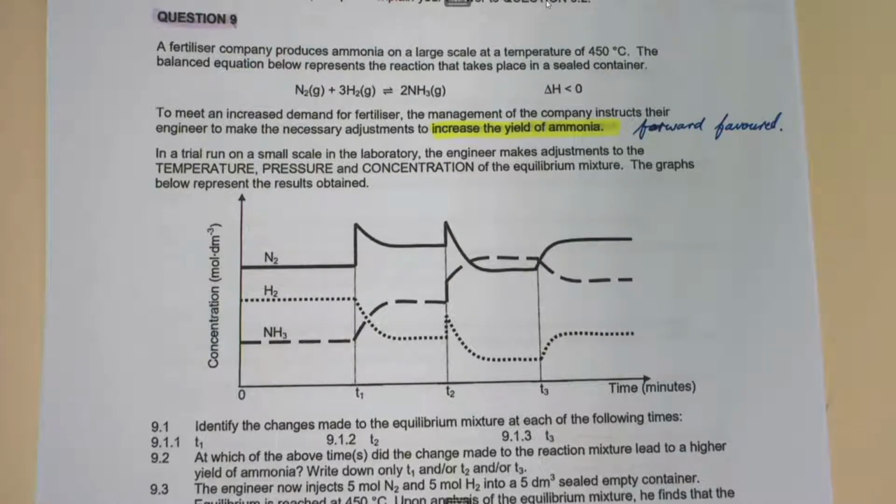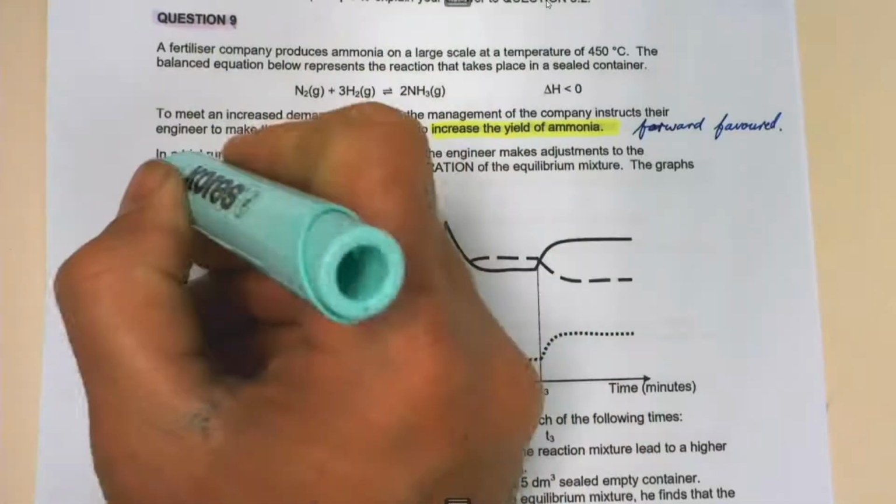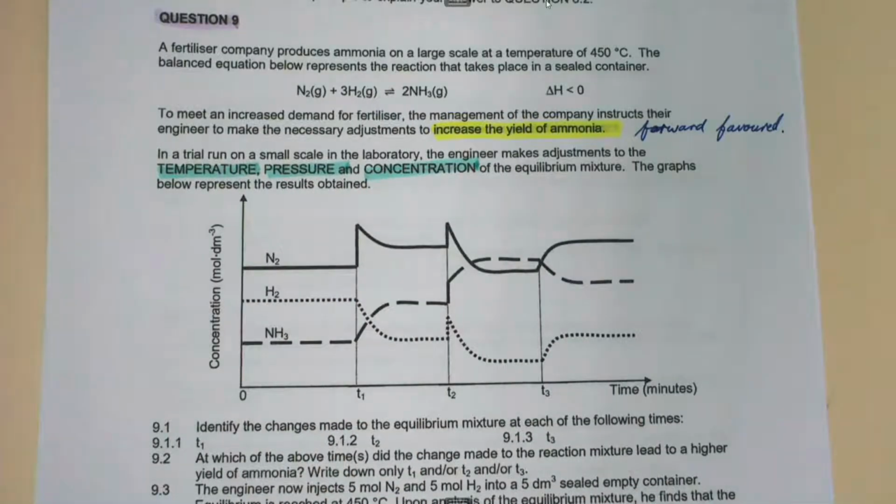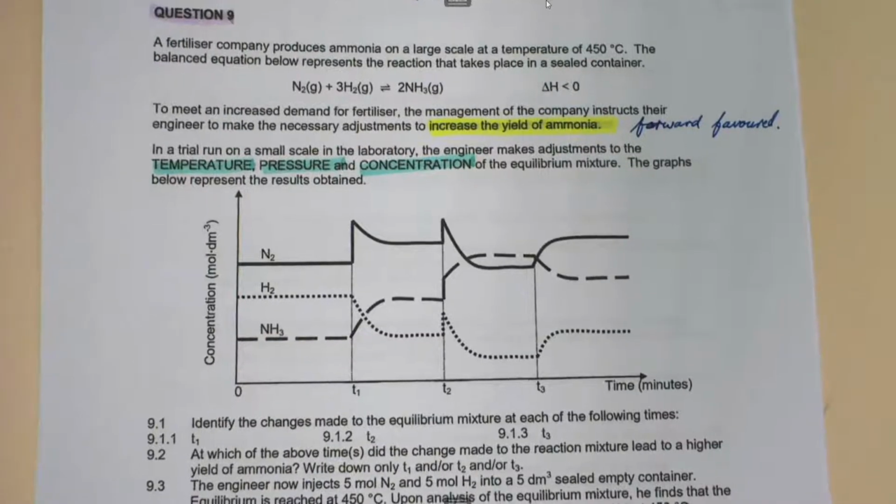Whatever I do, that forward reaction must be favored. In a trial run, on a small scale in a laboratory, the engineer now makes adjustments to temperature, pressure, and concentration. So those are the three that he changes at T1, T2 and T3. We don't know when what, but here it is given. Okay, the graphs is now obtained.